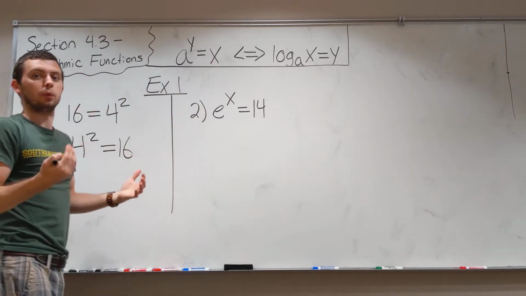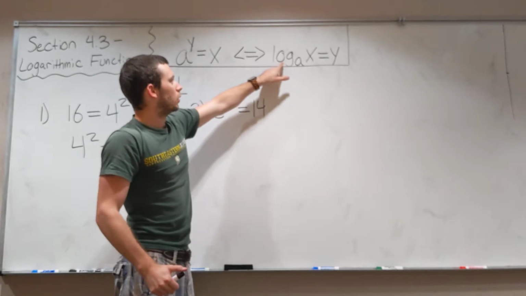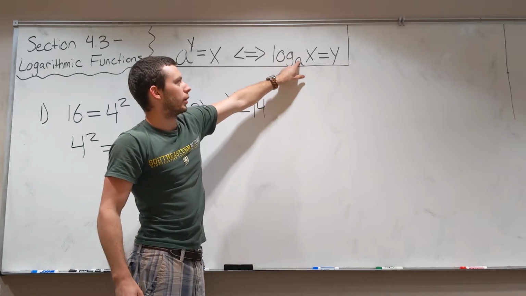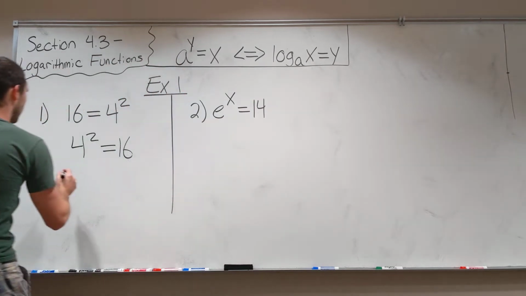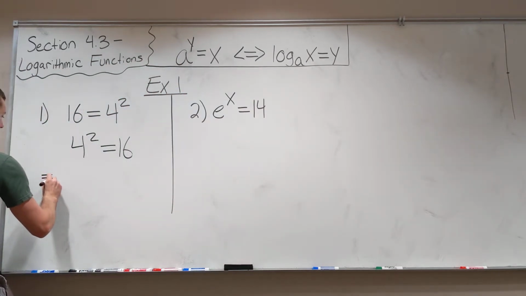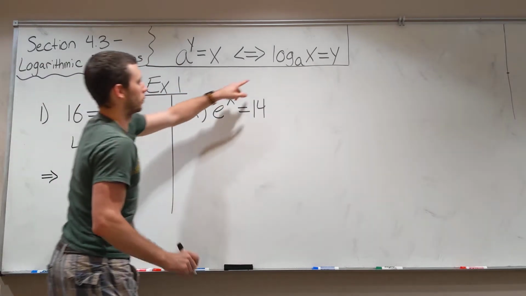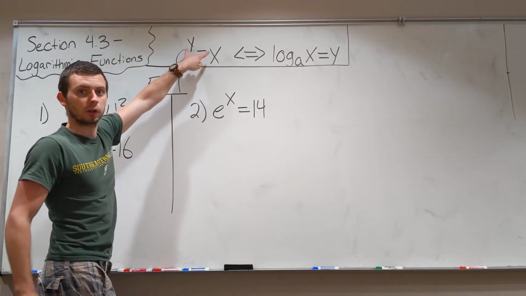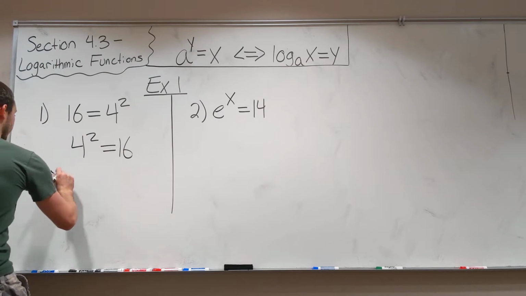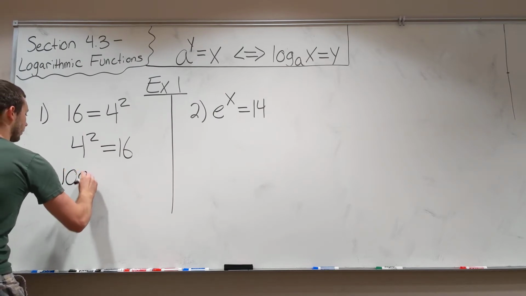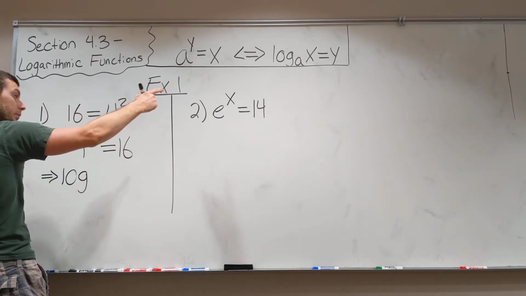So if we want to rewrite this as a logarithm, well, it says whatever the a was, make that your base of your logarithm. So let's go ahead and do that. We're converting a form like this to a form like this. That's what the problem's asking us to do. And so it says, start off by putting a log.